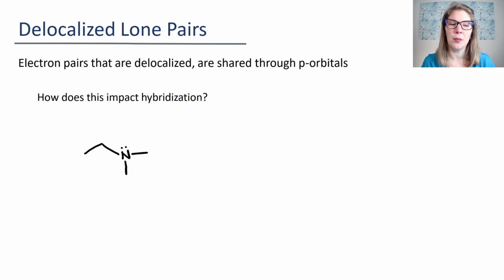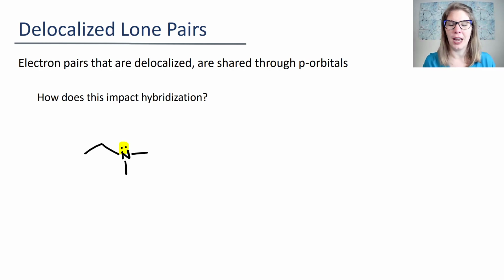The question then ends up being, how does this impact hybridization? Because your electron pairs are delocalized and shared through p orbitals, it's going to update some of your ideas about hybridization. Before we get to the update, let's go back to our normal ideas about hybridization. I have the same structure redrawn here, and I'm looking at this lone pair.